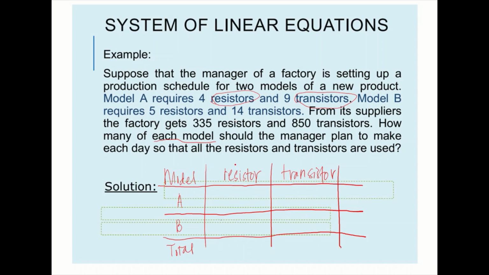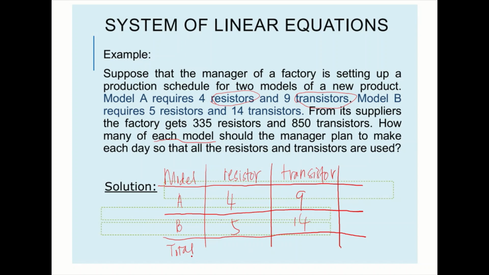Now, it says that model A requires 4 resistors and 9 transistors. So how should I write? I should write here 4 resistors for model A and also 9 transistors. And then model B requires 5 resistors and 14 transistors. So for model B, resistor 5 and transistors 14.